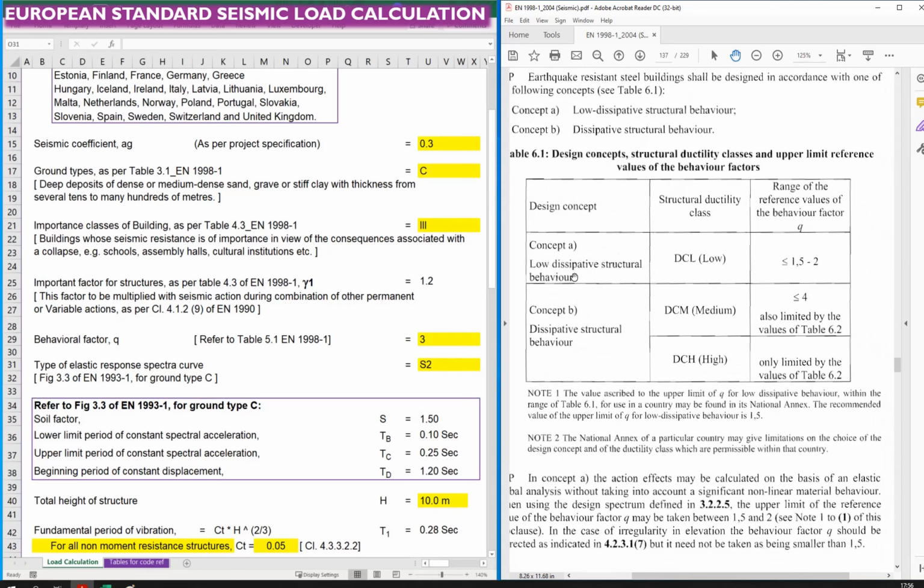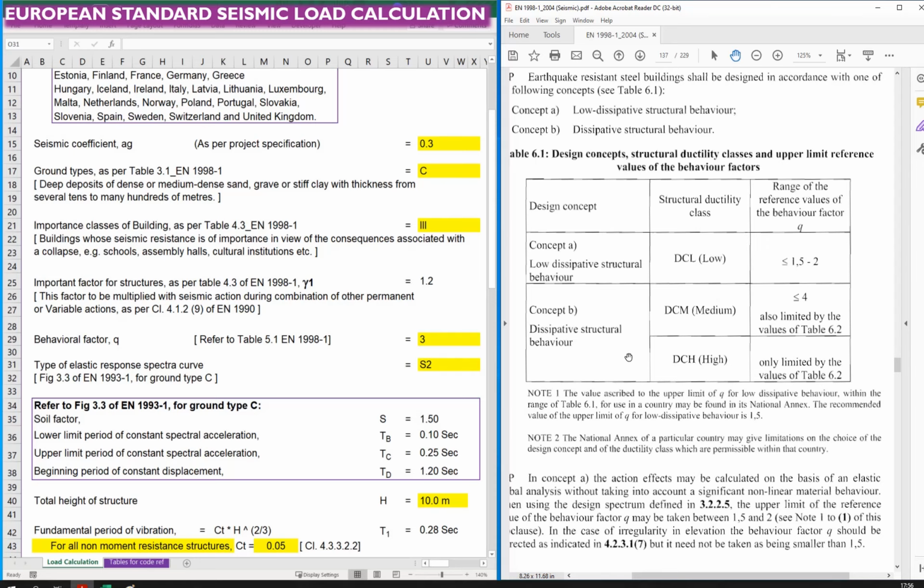If the structure is subject to low dissipative structural behavior, then that structural ductility class is to be considered as DCL, that is ductility class low. And for a dissipative structural behavior, if it has limited dissipation ductility requirement, somewhat below extreme, we need to consider DCM, that is ductile class medium.